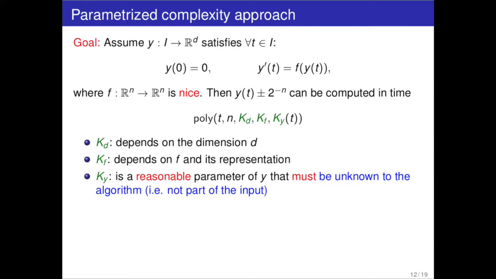So that means the algorithm only takes as an input f, is going to run, give a correct result, and the runtime of the algorithm, in theory, you can show that it's related to something that's very specific to this solution, something that is interesting, but the algorithm doesn't know it.